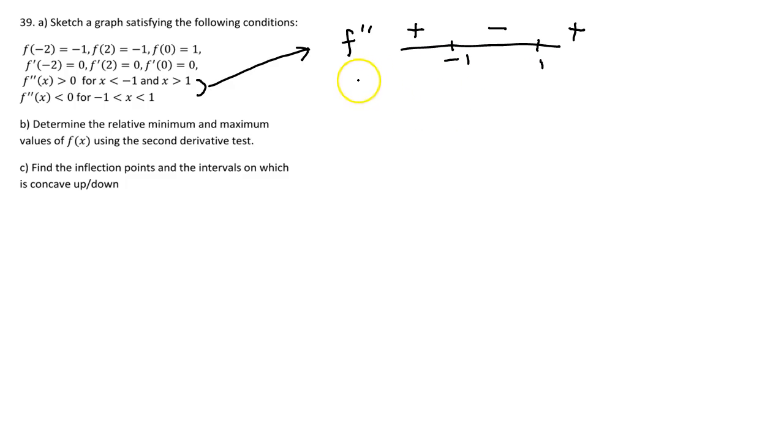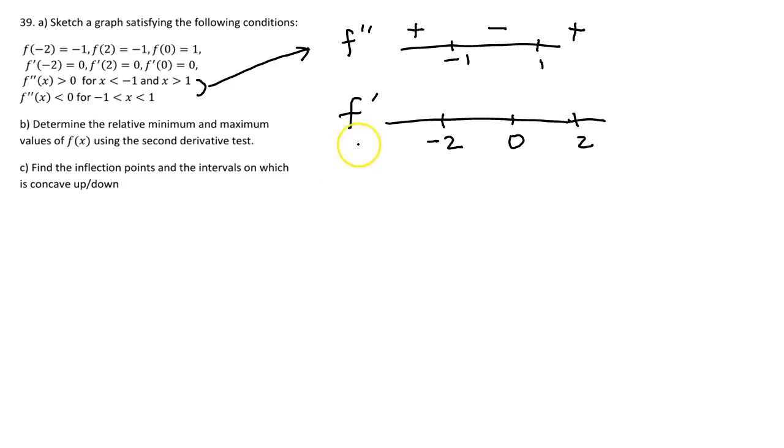inflection. Okay, and then let's see, F prime is 0 at negative 2 and 0 and also at 2.